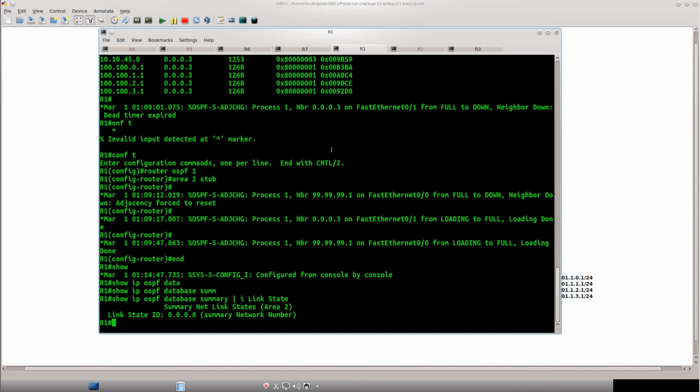You've just killed all the type 3s coming in. Right? And it's the same thing on R2 as well. So you just cleaned out your summary LSAs, which in turn also kill the OSPF inter-area routes from your routing table. So basically you've dumped a whole bottle of Metamucil into your routers, cleaned them out, and now everything's squeaky clean.